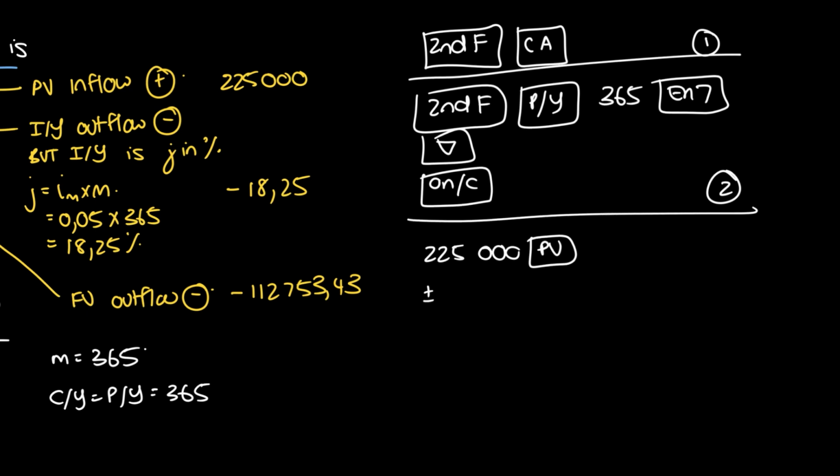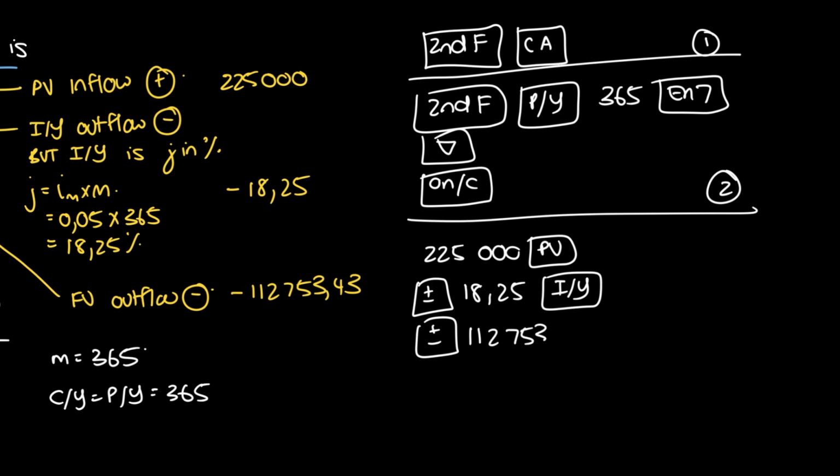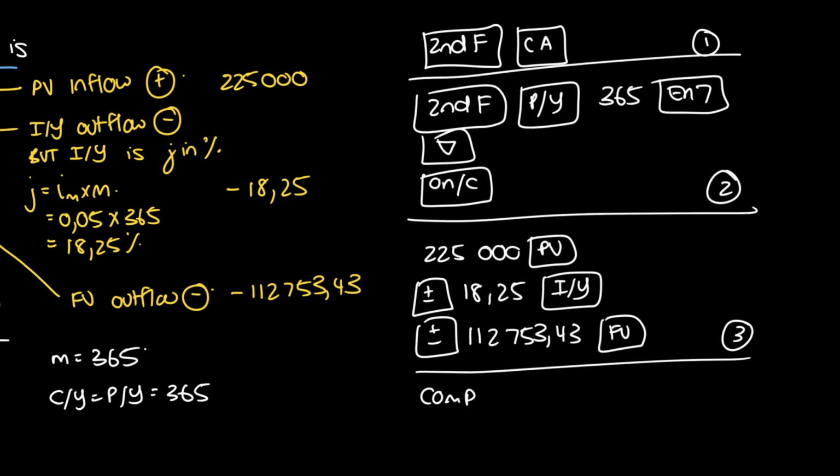That's plus or minus, and use the plus or minus button instead of the subtraction button. 18.25 IY, plus or minus, 112,753.43 future value. That's stage 3 over, and stage 4 is asking it to compute what we want.